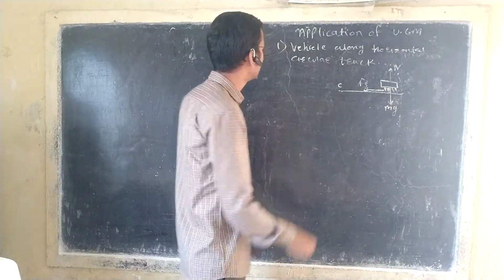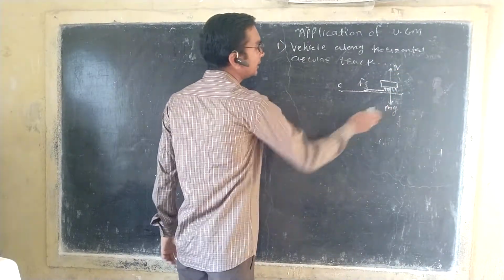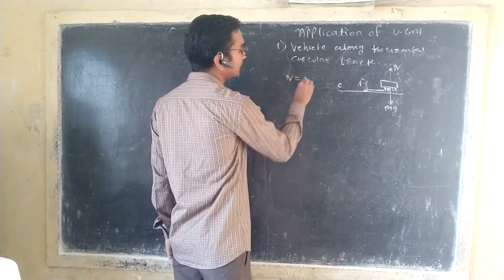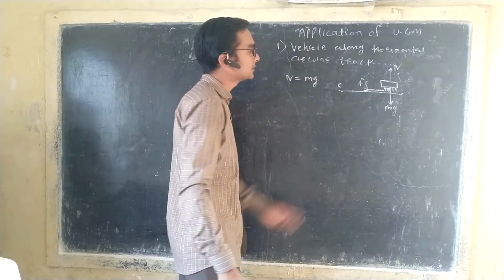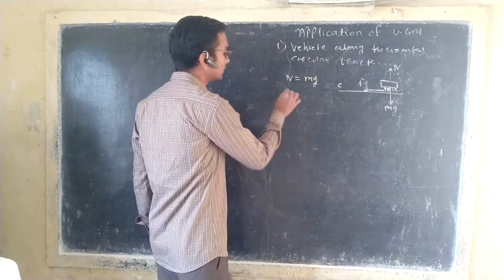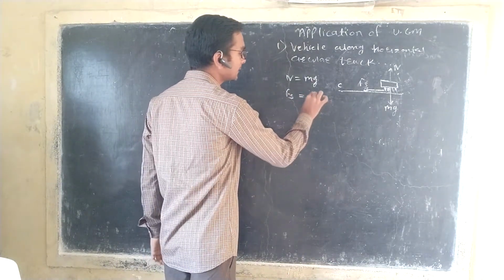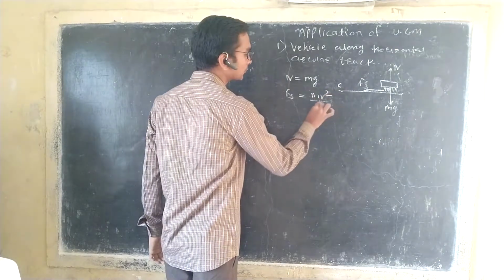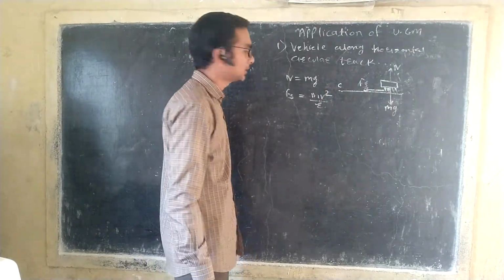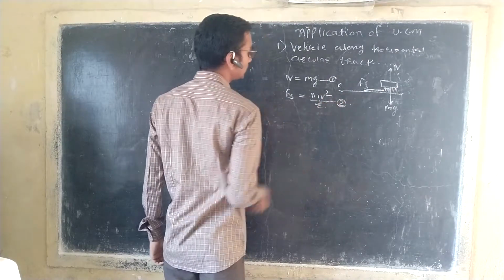So now from this diagram we can see that the normal and weight balance each other. Means the normal will balance weight mg, and this frictional force provides the necessary centripetal force for the vehicle. Now this is equation 1 and this is equation 2.